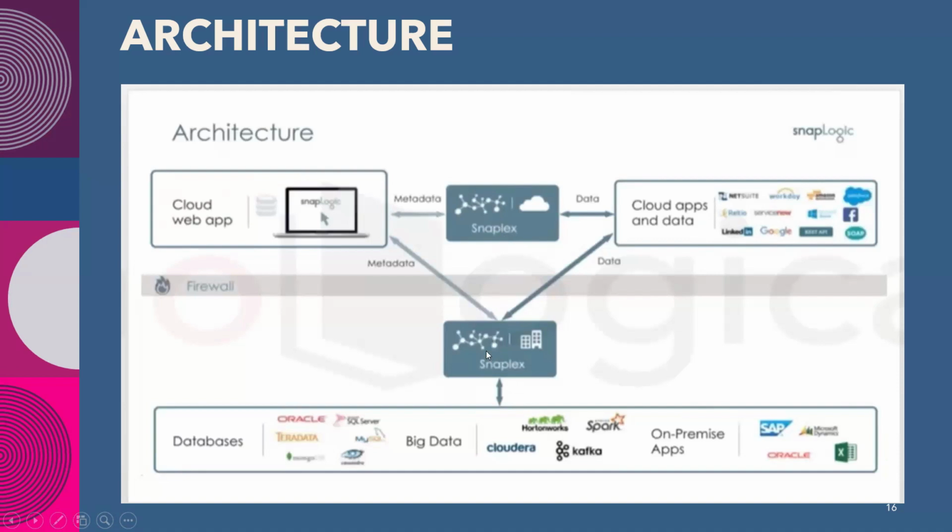But when you want to integrate with on-premises applications, you require an on-premises Snaplex. Let's say you have on-premises applications like an Oracle database, big data, or SAP. It means you can integrate data across these applications by using SnapLogic.